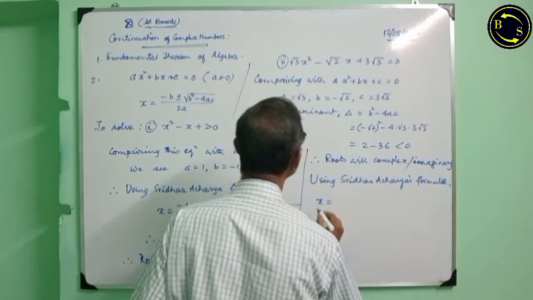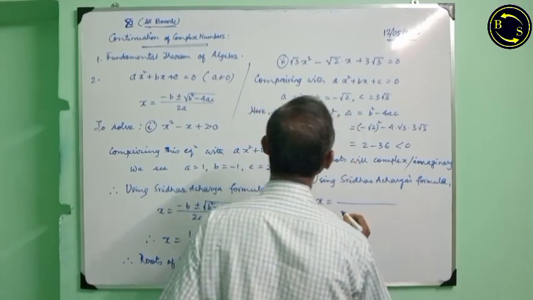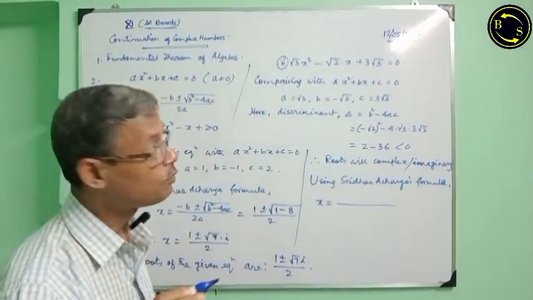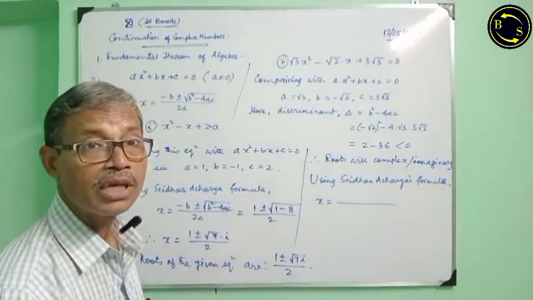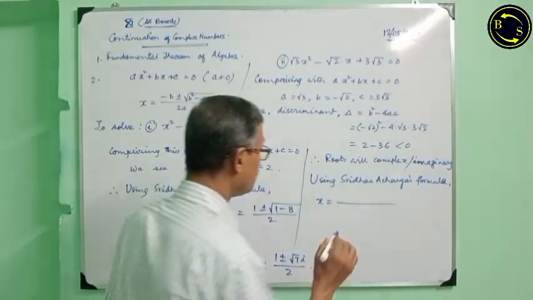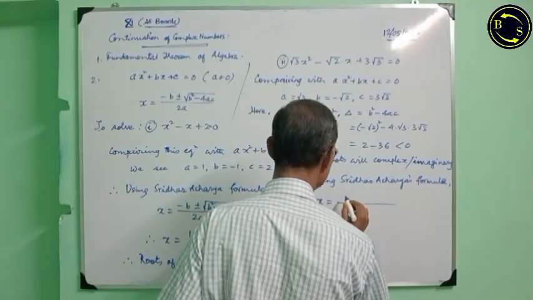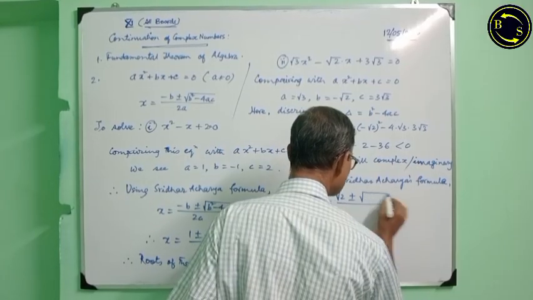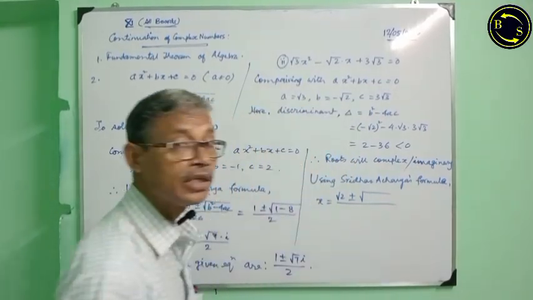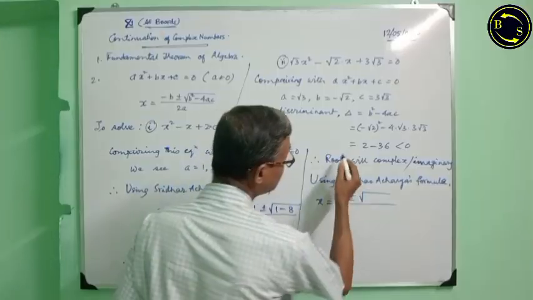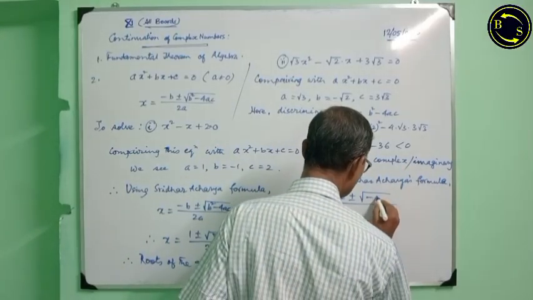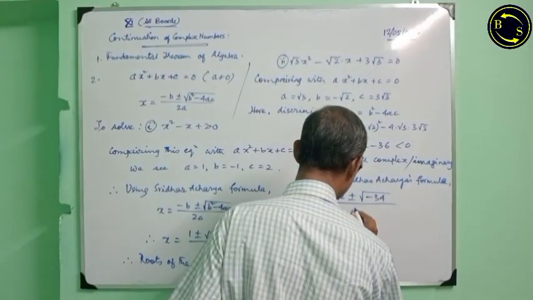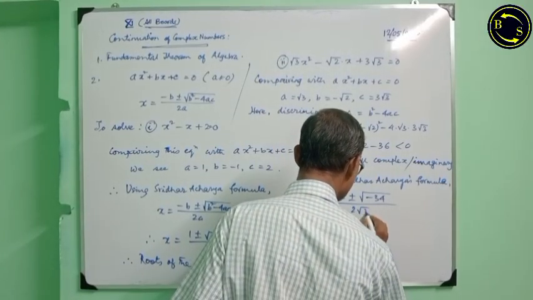x is equal to minus b. You can put the values directly, keeping in mind that formula. I write directly root 2 plus minus root over b square minus 4ac. Already we have calculated here that it will be minus 34 by 2a, 2 into root 3.